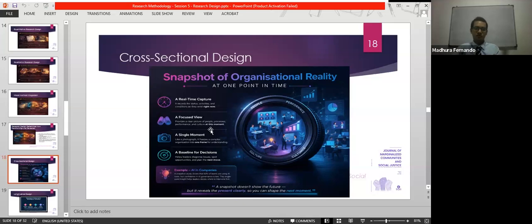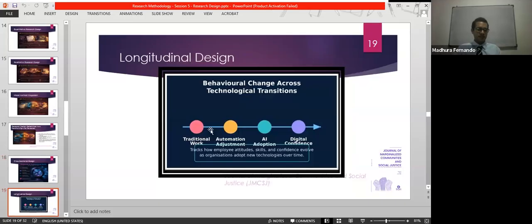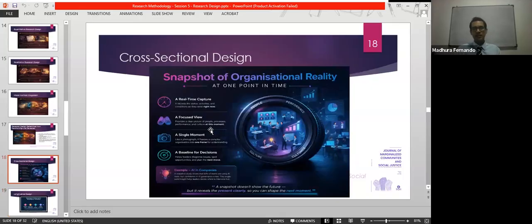That is the use of the cross-sectional design. But you can't evaluate along the timeline, right? In this design, you can't evaluate over a period of time. You get only this point of time.